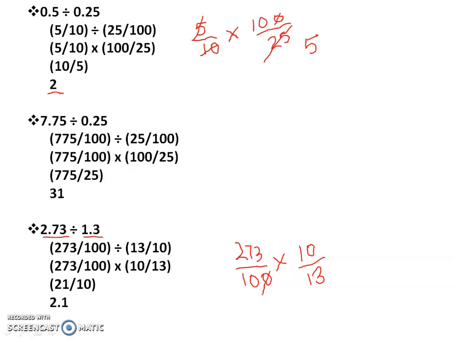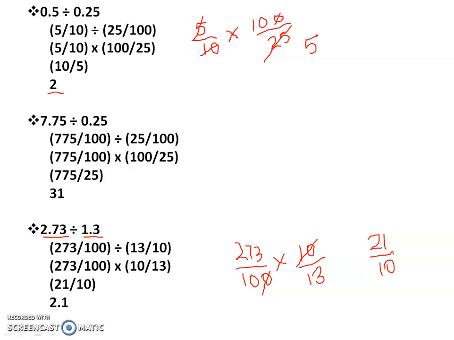Now this 10 and this 10 get cancelled. 273 by 13, that is 21, and what is remaining? 10. That is 2.1. Students, do you have any confusion there? Hope it is clear to you.